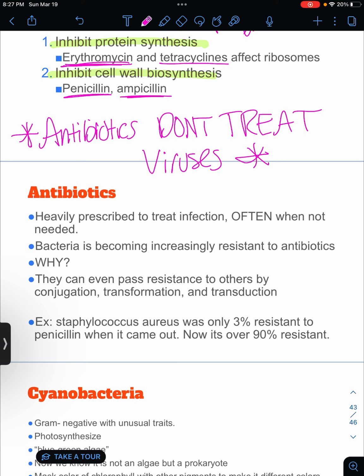They can even pass their resistance to others by, we've already talked about all three of these ways, passing gene information. Staphylococcus aureus, which is something I used to mess with in the lab when I was in college, was only 3% resistant to penicillin when it came out. Now it's over 90% resistant because we overprescribe and we overtake.